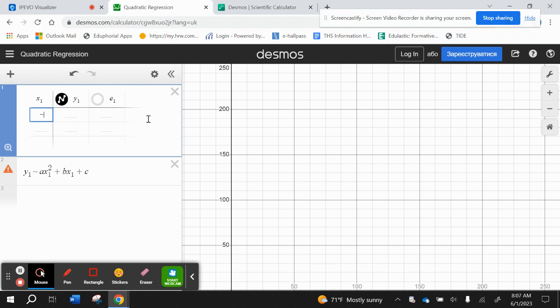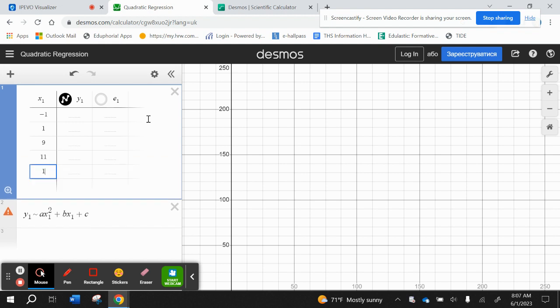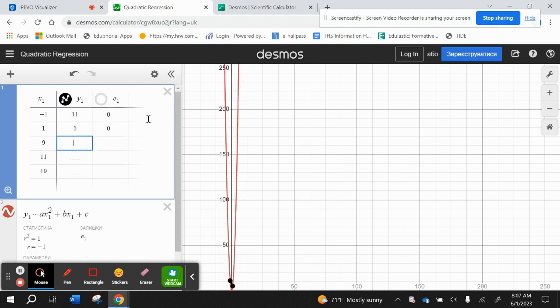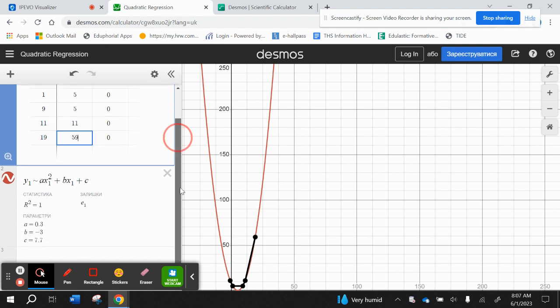So -1, 1, 9, 11, 19, and 11, 5, 5, 11, 59. We don't care about this column right here. We just care about these two columns right here. And then there is our information right here.